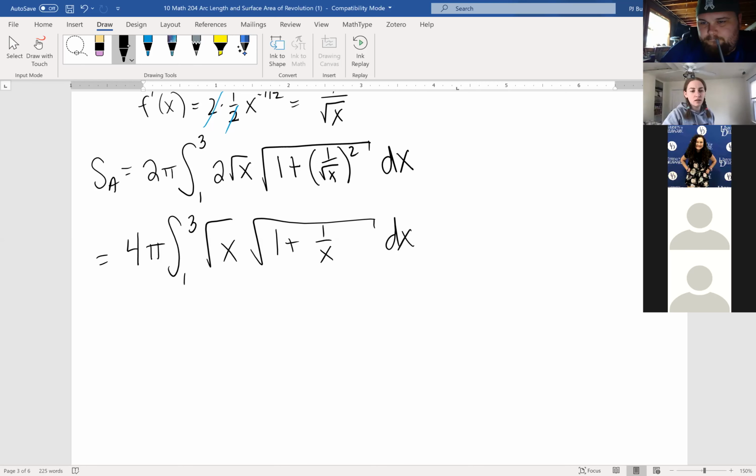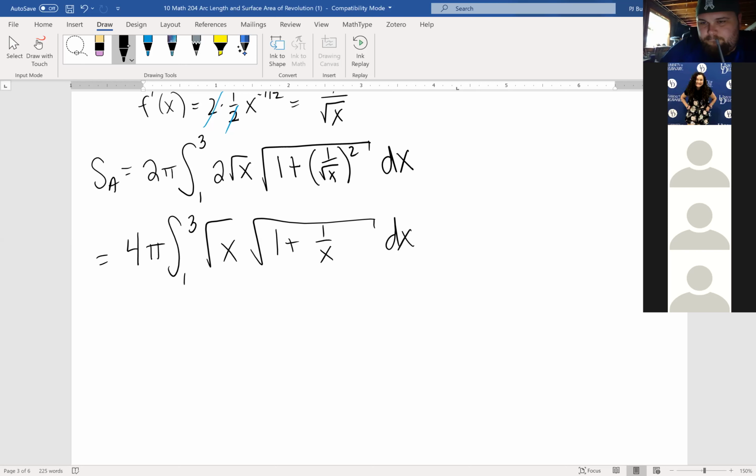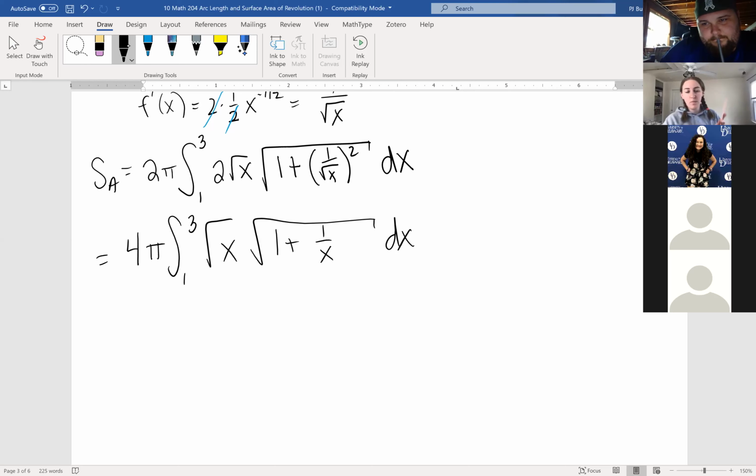I mean, one thing I see you might be able to do is cancel the x within the 1 over x? Anybody else want to share? I think you're on the right track. So could you just, under the square root, do x times 1 plus 1 over x? Because they're 2 square roots, we can put them together as a single radical.